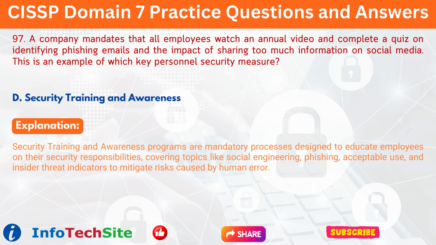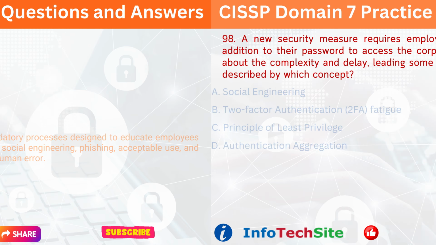The correct answer is D. Security training and awareness. Explanation. Security training and awareness programs are mandatory processes designed to educate employees on their security responsibilities, covering topics like social engineering, phishing, acceptable use, and insider threat indicators to mitigate risks caused by human error.